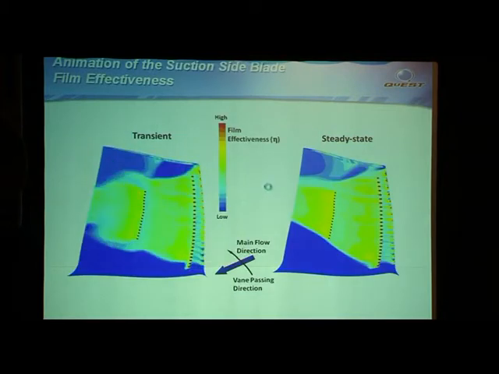If we turn the blade around and look at the other side, this is now the suction side, the story is not as different here. On the suction side, where the blowing ratios are a little bit lower, you've got good film generation in the steady state, and you might make the argument that it's okay in the transient analysis as well.